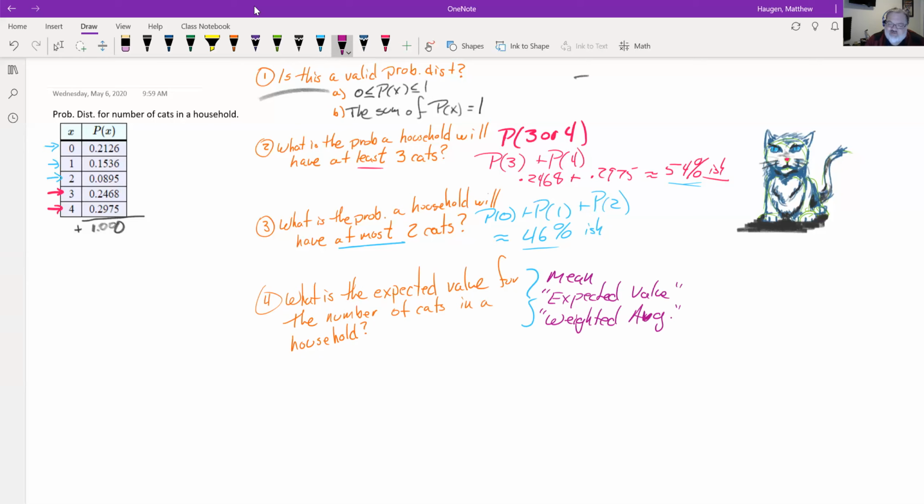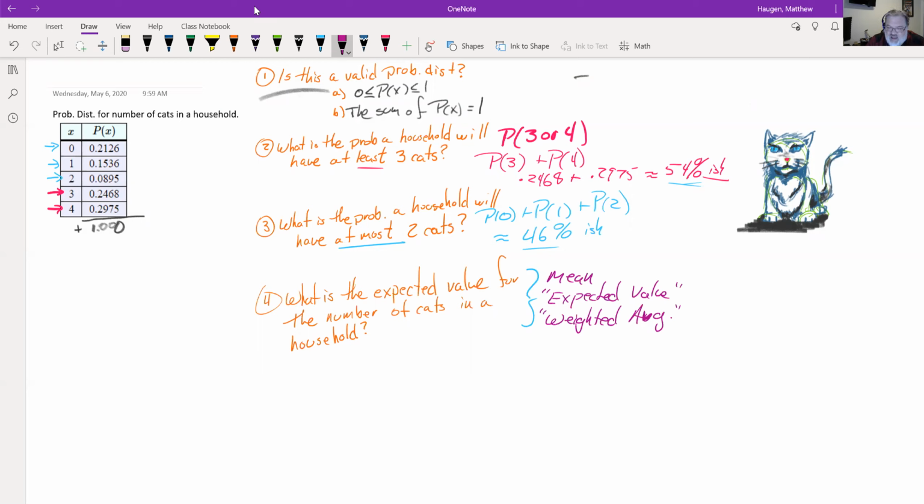So if we were to reword this question, what's the expected value for the number of cats in a house versus what is the average value for the number of cats in a house? Those are essentially the same question. What is one value that we can put to how many cats there are going to be? How many do we expect?